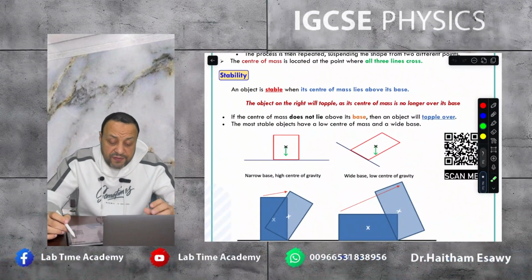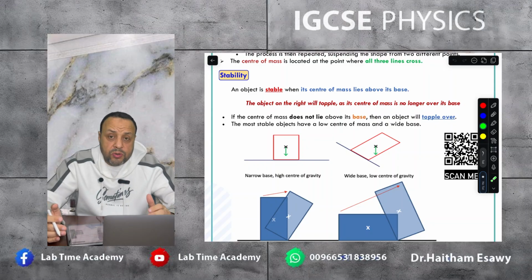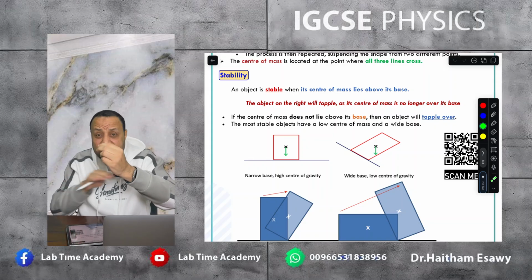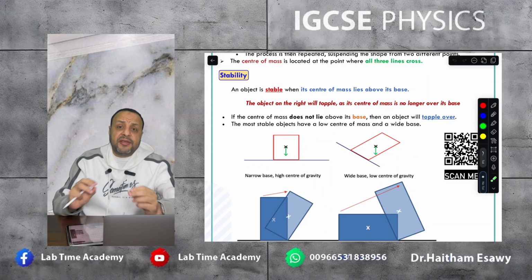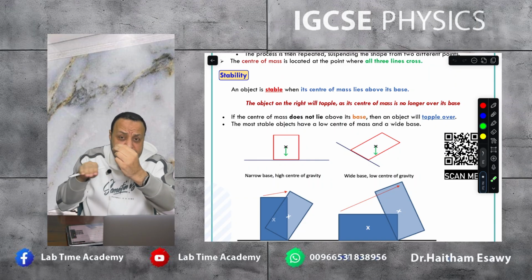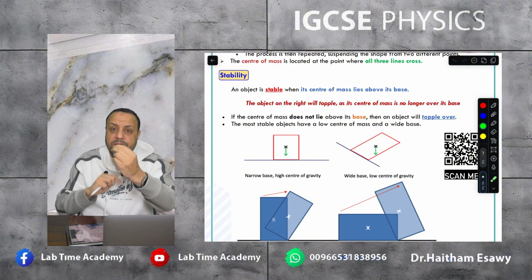Stability. If I want to say whether an object is stable or not, I have to consider the relation between the center of mass and its base. This means that if the center of mass or center of gravity is above its base, the object is stable.